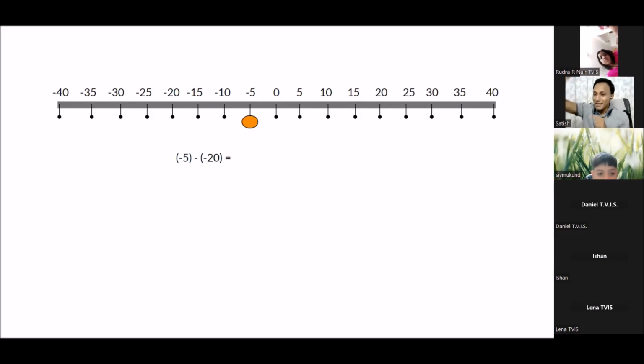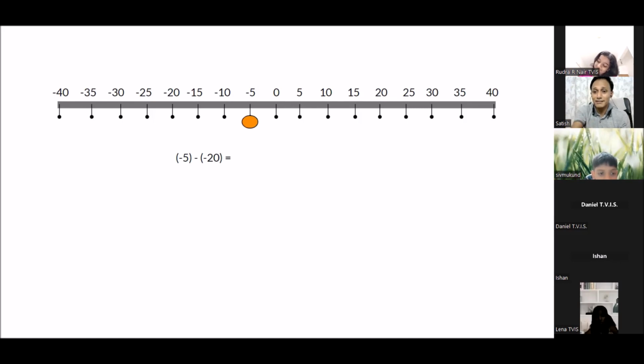So minus becomes plus, whether it is in English or in maths, because of all the scenarios we have explained before. So in this case, you have a debt of 5 rupees and at that time somebody else comes to your house and says, bro, do you remember? I had borrowed 20 rupees from you, take it back. Serendipity, right?